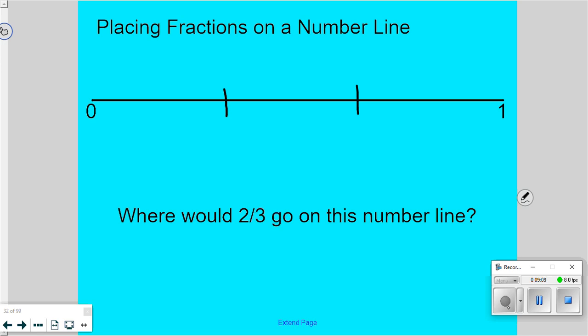Where's 2/3 go? Keegan, where's 2/3 go? Just don't put your elbows on it because it'll think that you're writing.